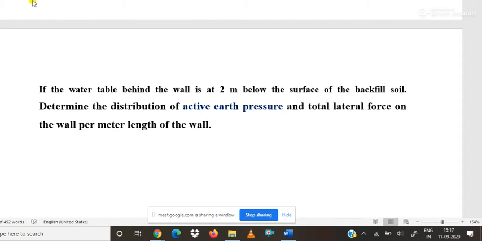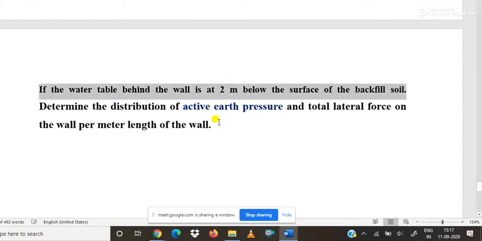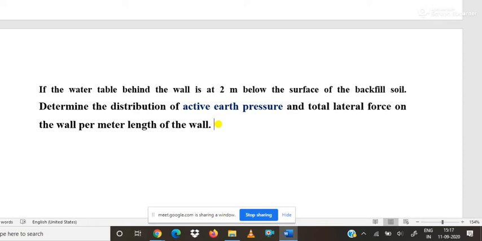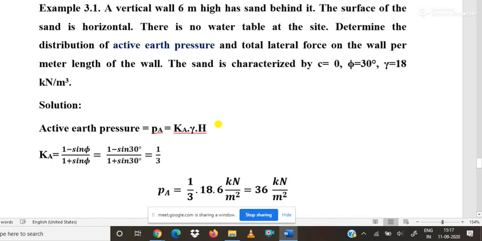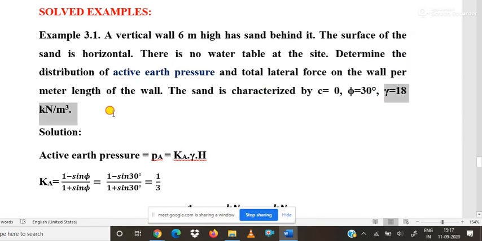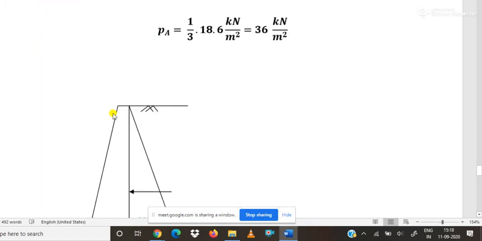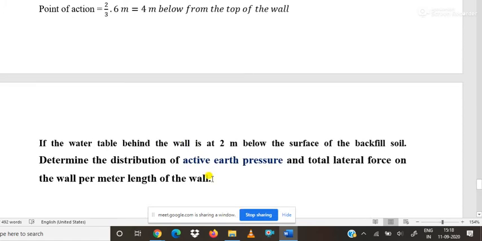The water table is at 2 meter below the surface of the backfill soil, and if the water table is there, that means the characteristics of the soil, that portion submerged into the water, mainly the gamma or the unit weight of the soil, will change. The submerged unit weight of the soil will be changed.